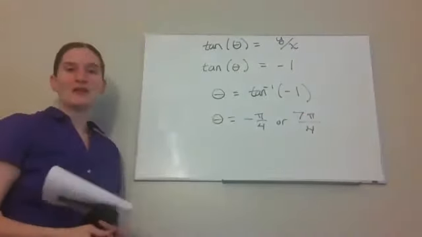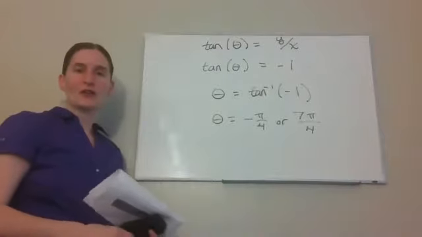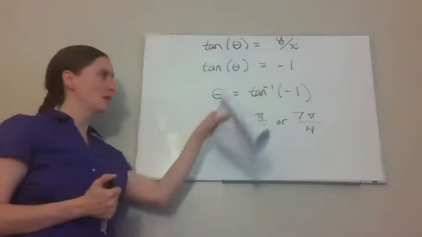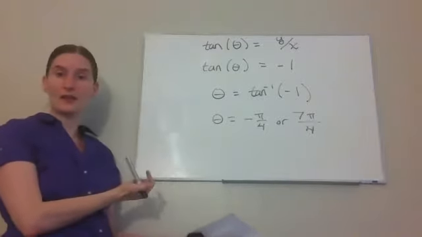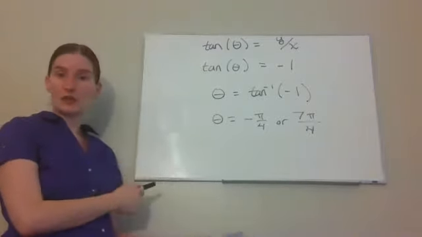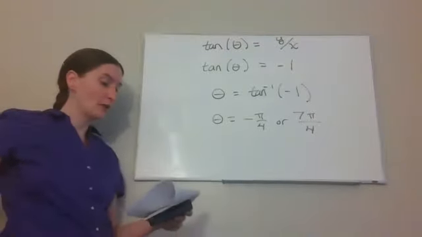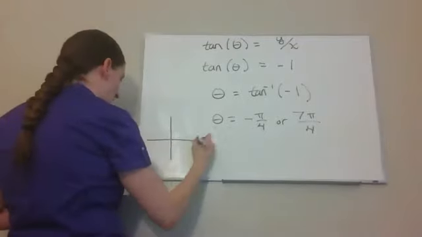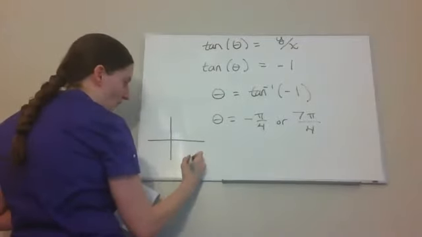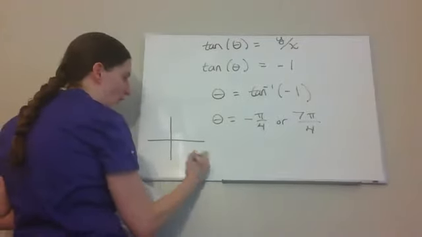Now I'm going to point out there are other values for inverse tangent that gets you inverse tangent of -1. You can get other angles other than these two. I chose this particular theta because my original point that they gave me in Cartesian coordinates was 1, -1. So it's somewhere down here in the 4th quadrant.